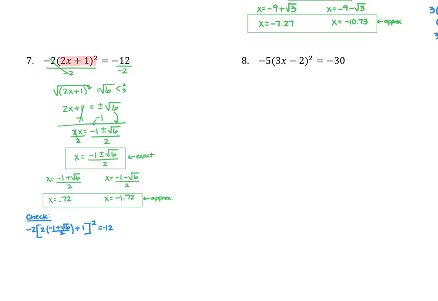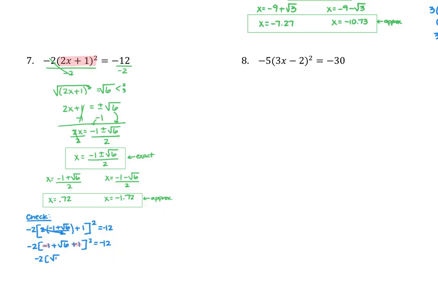So first thing I'm going to simplify inside the parentheses. Notice that if I multiply by 2 and divide by 2, those will undo each other. So now I have -2 times -1 plus the square root of 6 plus 1 squared. Again, I can simplify. -1 and +1 will give me 0, so those go away.